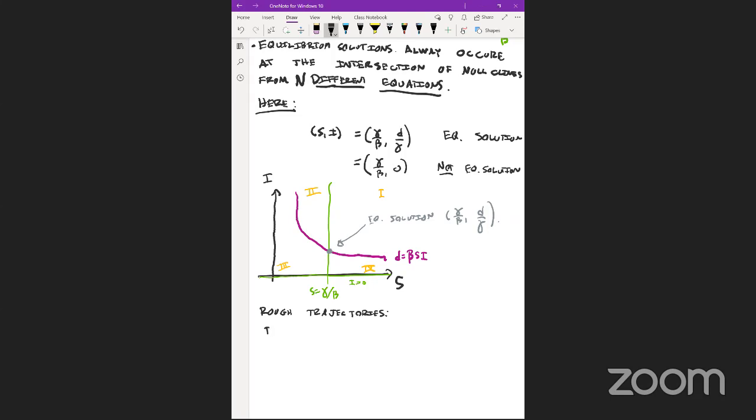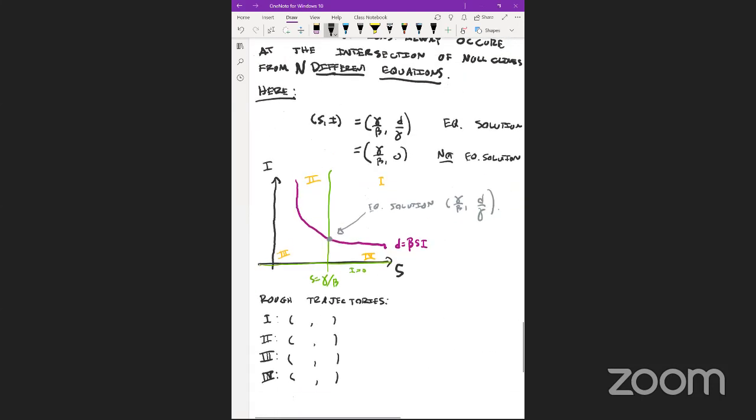So in region 1, okay, let's remind ourselves, sorry, I'm just going to rewrite the equations down here. So we've got S prime equals minus beta SI plus D, and we've got I prime equals beta SI minus gamma I.